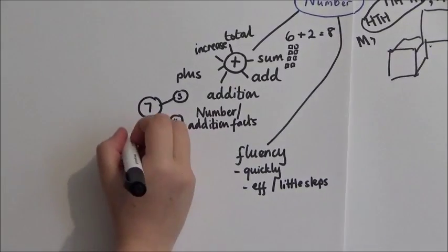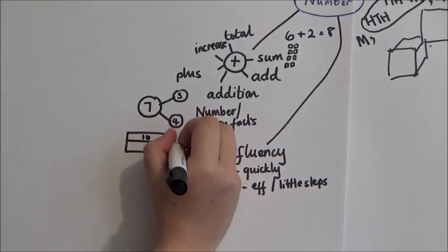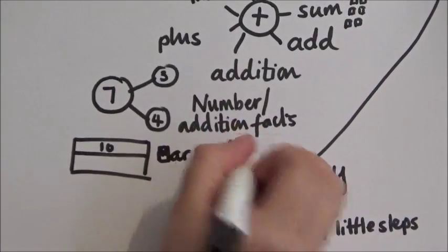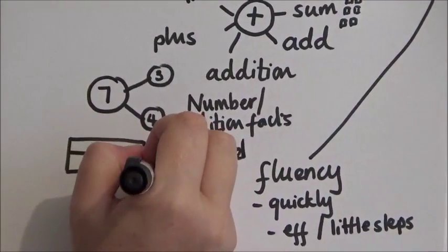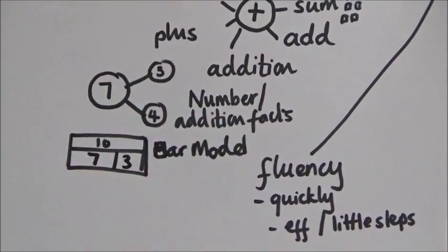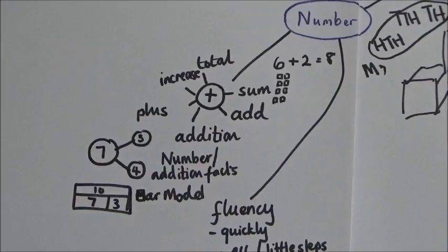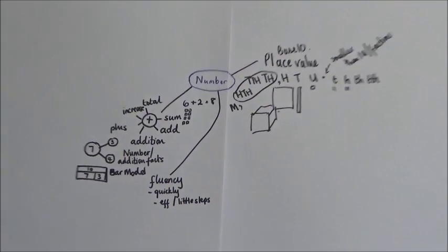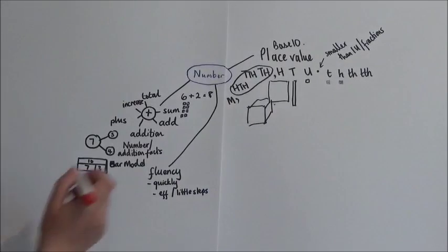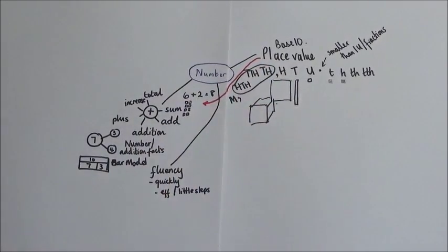We also looked at our number bonds to 10 facts and number bonds to 20 facts. And in fact, we could use the bar model to help us work out, investigate and remember our number facts. And we gave the example that 3 and 7 were number facts that made up 10. So, if we're going to link our previous learning to our new learning, we used our understanding of place value to help us work out what addition means.